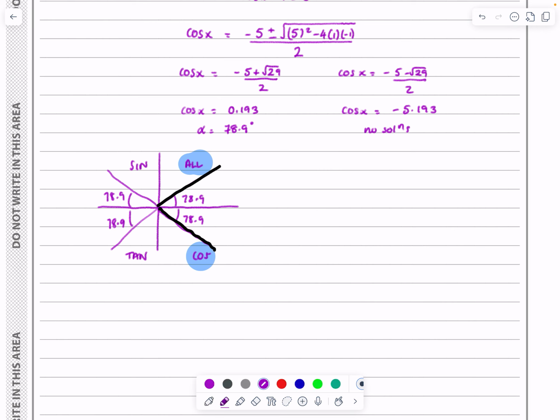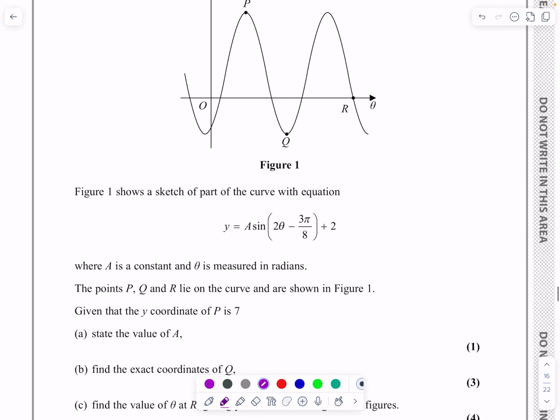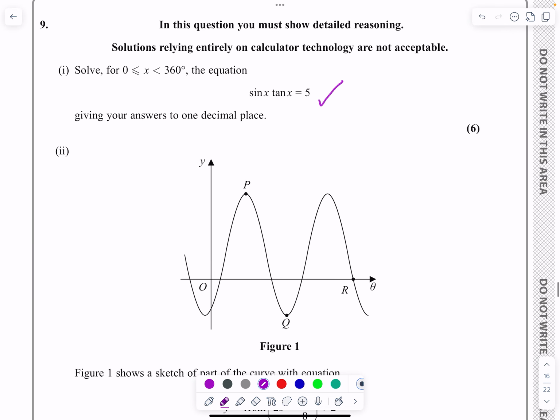Now within the range of values from 0 to 360, x is 78.9 degrees, and x is also that angle all the way around there. 360 take away 78.9, which is 281.1 degrees. So those are the two answers that satisfy that first equation. So we've done part 1, we've solved that.